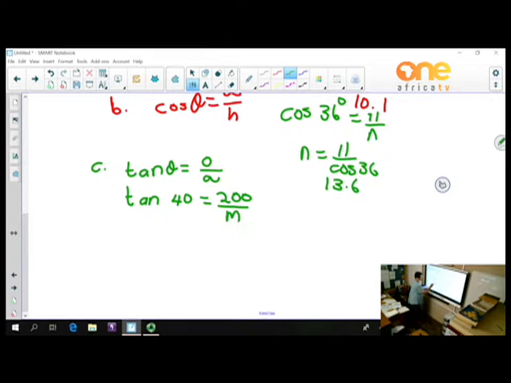Which method now? Bottom divide. So 200 divided by tan 40 degrees is equal to 238.